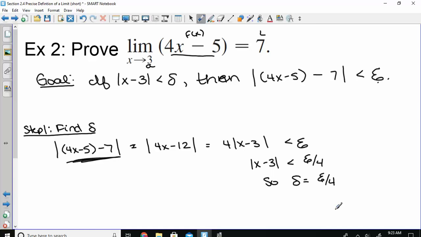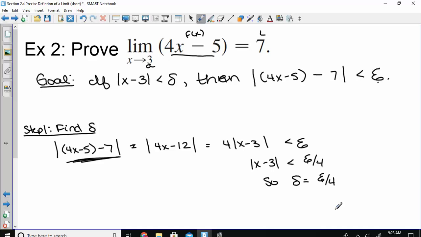So basically what this is saying is if I want my y's to be within 1 of 7, then I need my x's to be 1 divided by 4, 1/4 away from 3. So my x's would have to be between 2.75 and 3.25. If you want your y's to be within half of 7, so between 6.5 and 7.5, then I take my 0.5 divided by 4, and we get 1/8.